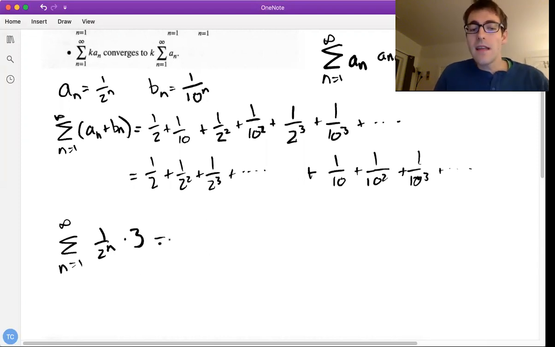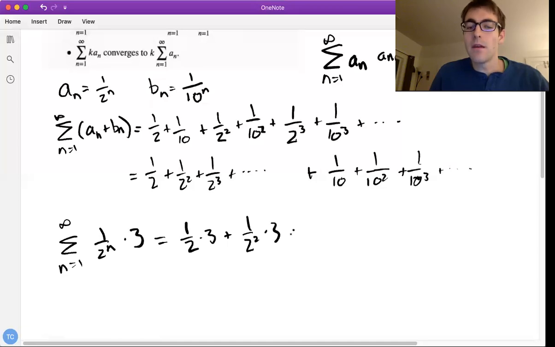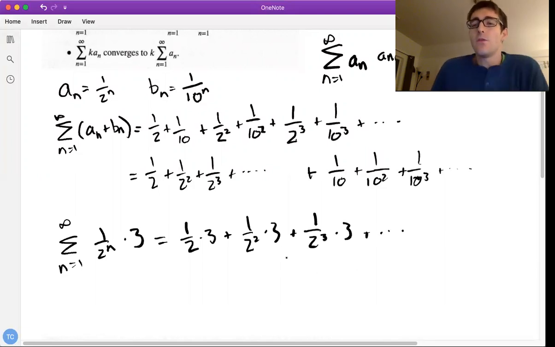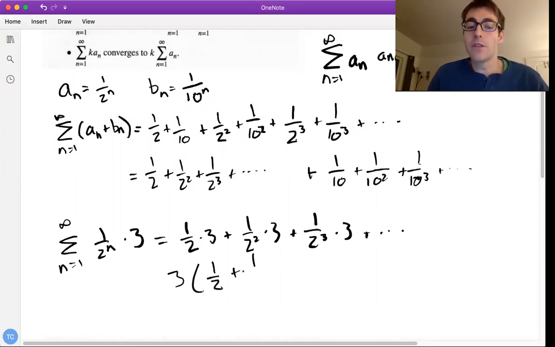Well, this thing ends up just being 1/2 times 3 plus 1/4 times 3 plus 1/8 times 3, etc. And again, using one of our fundamental arithmetic rules, we can factor out a 3, and then this is just 3 times the original series itself.